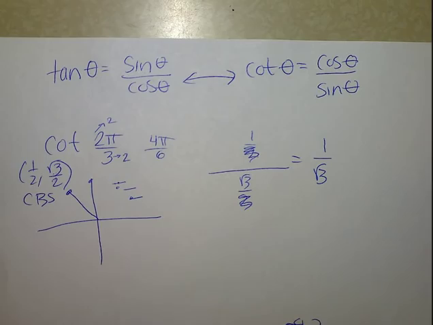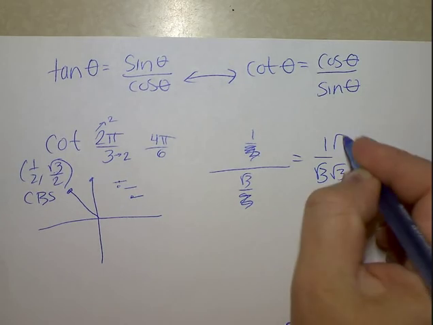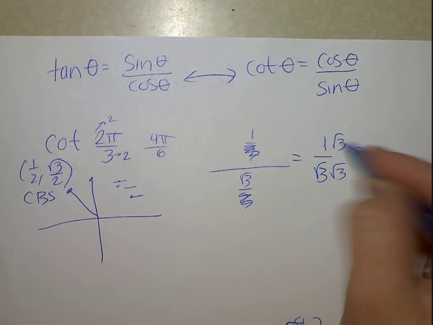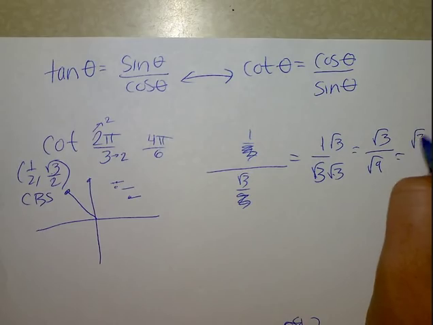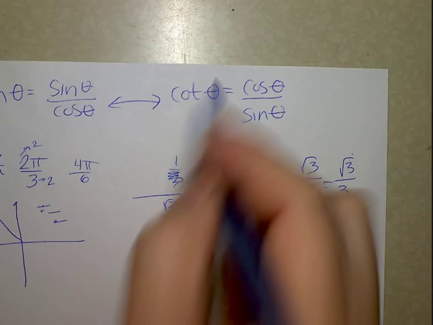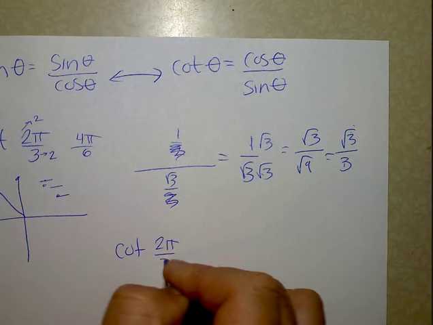It's not mathematically wrong, but it's not proper. I'm going to multiply the top and the bottom by radical 3, and I get 1 times radical 3 is radical 3. 3 times 3 is 9, and we know the square root of 9 is 3. So this is my answer without looking at the sign. So I know that the cotangent of 2 pi over 3 is radical 3 over 3.